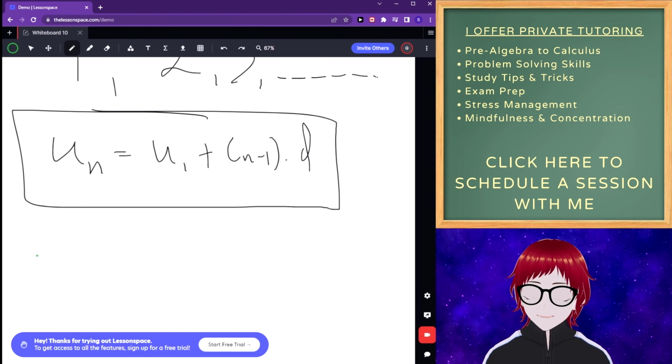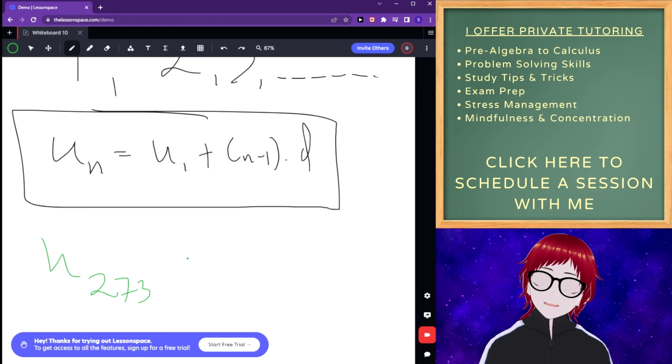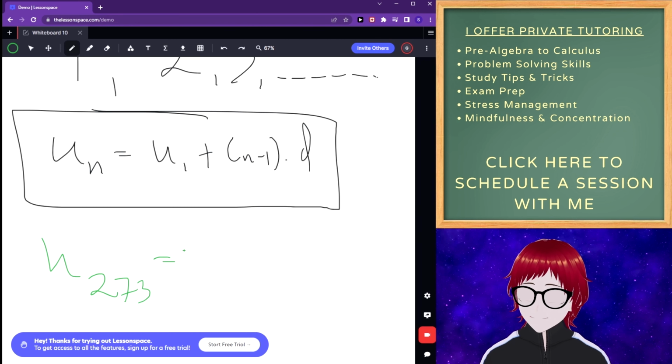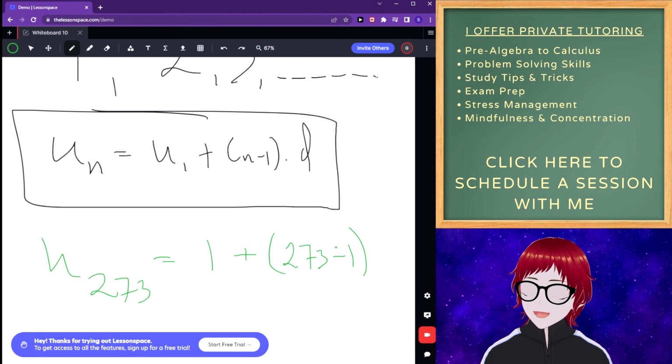So for instance, if I asked you, well, what is the 273rd term in this sequence? Instead of writing out 273 terms, what you could actually say is, okay, well, I'm going to use the rule. So u1 we said is 1, because that's the first term in the sequence 1, 2, 3, 4, 5, etc. And then plus n, in this case 273, minus 1, because when you have u1, you don't have to add a constant term, right?